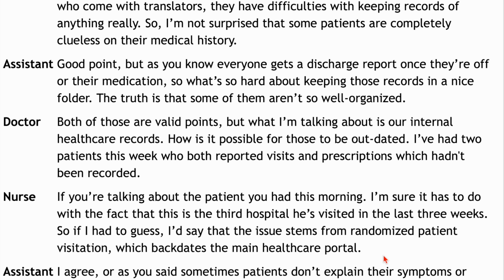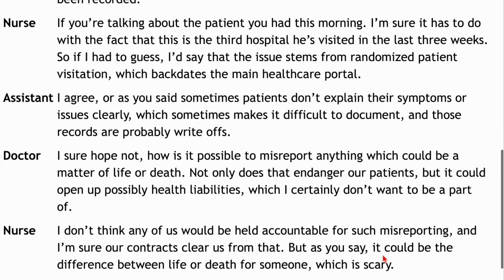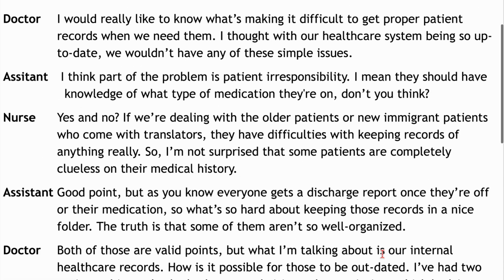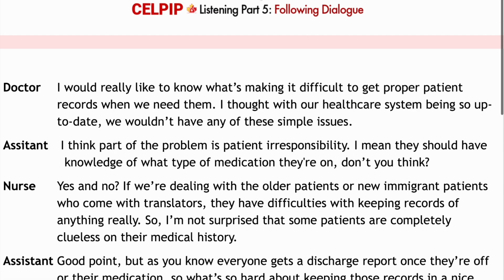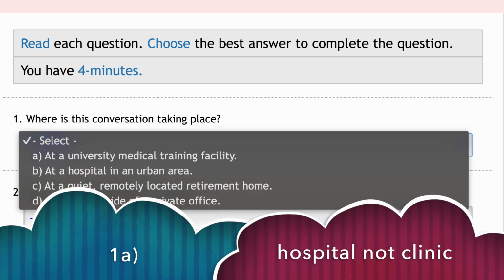So it seems like this is some kind of hospital, okay? Maybe small or some kind of hospital. Doesn't seem like very large, okay? All right. So we can say the answer is hospital instead of clinic, okay?